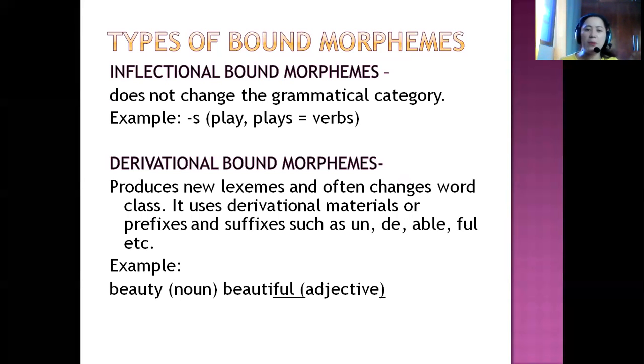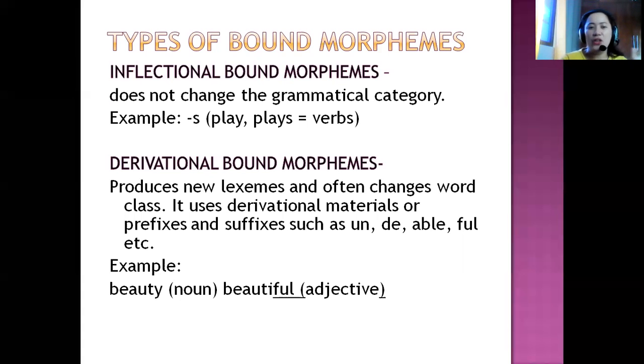This is very simple. The first, inflectional bound morphemes, is when it does not change the grammatical category. Example, the bound morpheme -s. If you add that to the word play, the word play will become plays. So play and plays are both verbs.